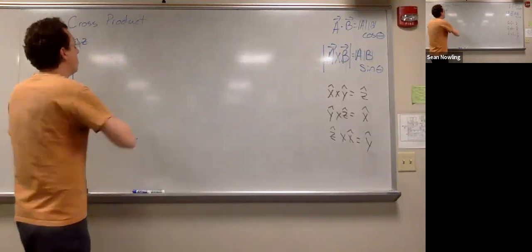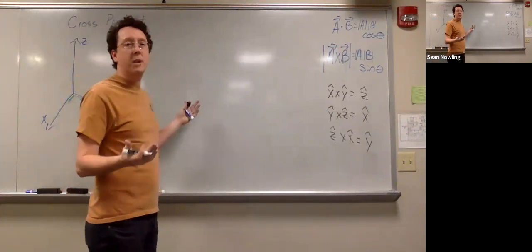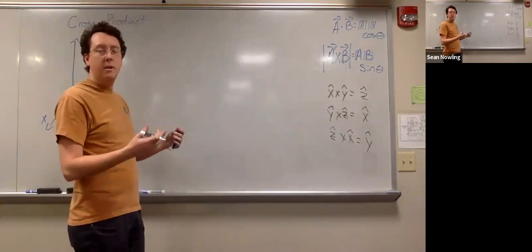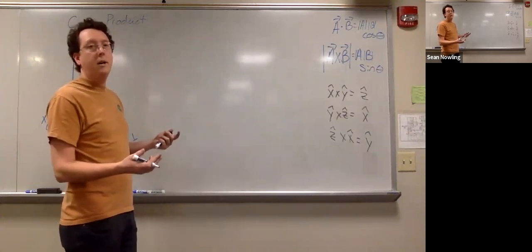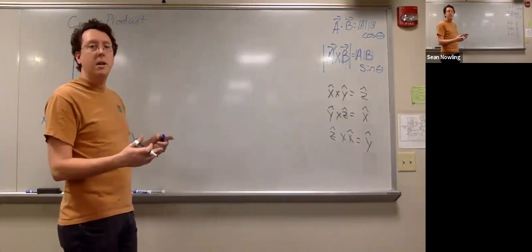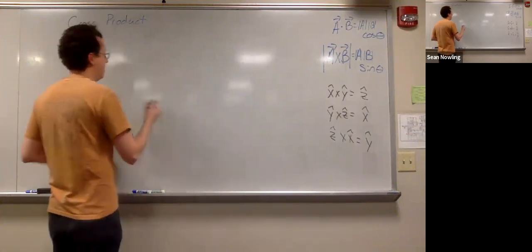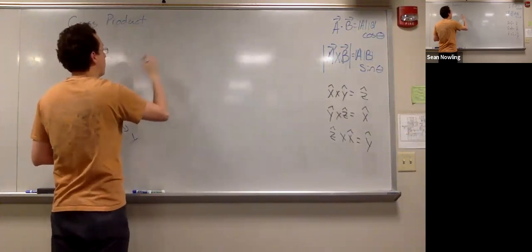Okay, let's work out the cross product for arbitrary vectors. Actually, let's just pick a specific vector with components, and then we will do the cross product and see how it goes. I'll just give you the final formula, and that'll be really what you need, I think, for the homework on dot products and cross products.